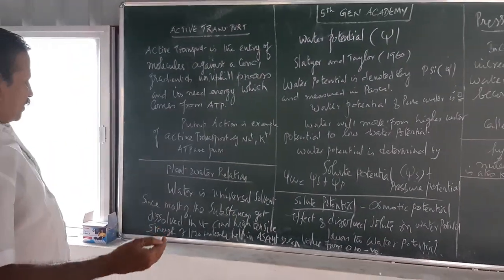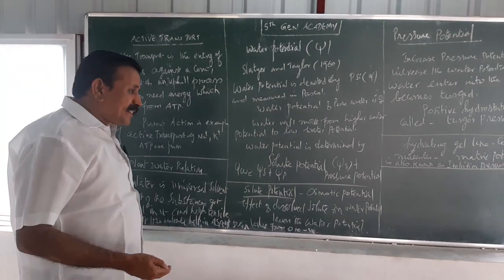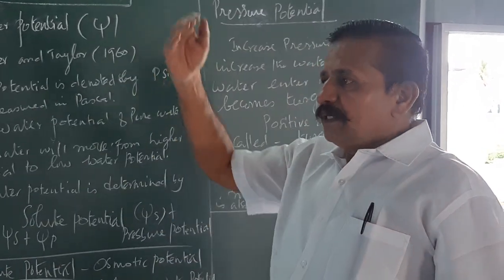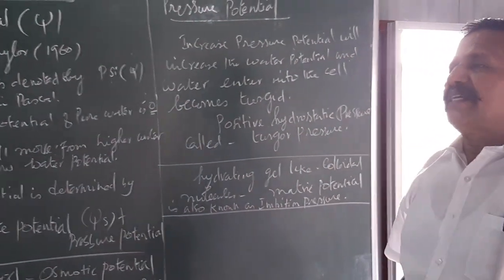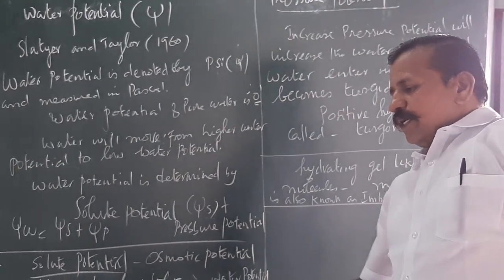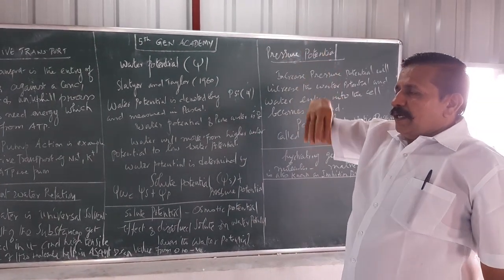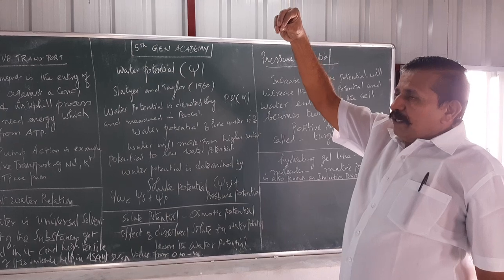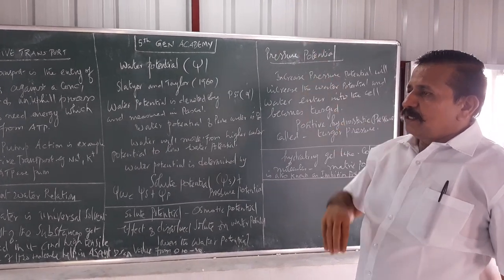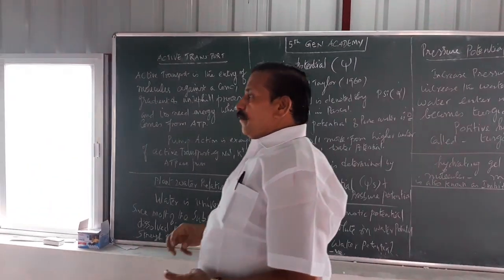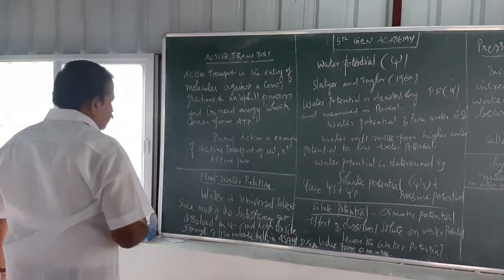Since most substances get dissolved in it, and the high tensile strength of H2O helps the ascent of sap. So what is the importance of the ascent of sap? The water molecules are absorbed through the root up to the top of the plants through the xylem. So the ascent of sap is one of the important processes.